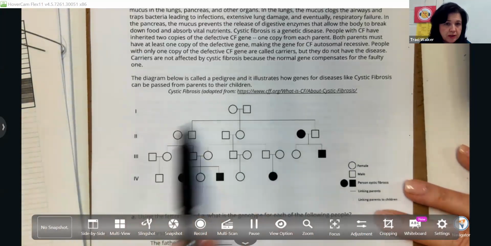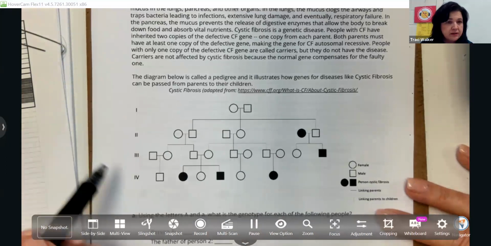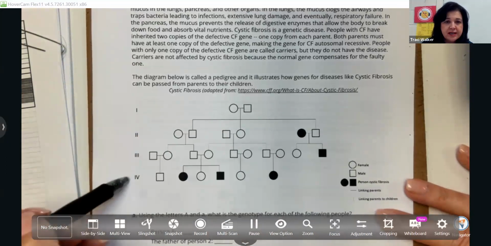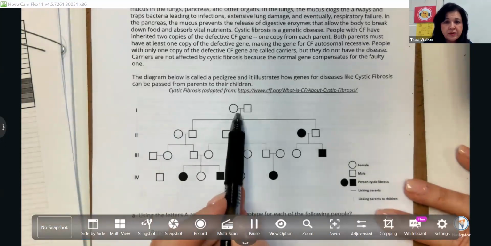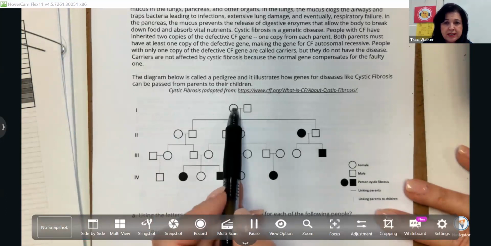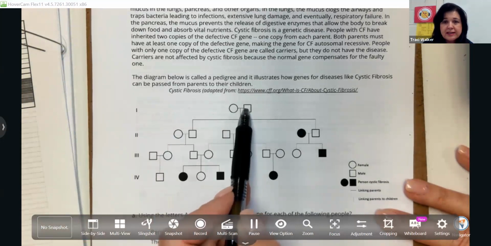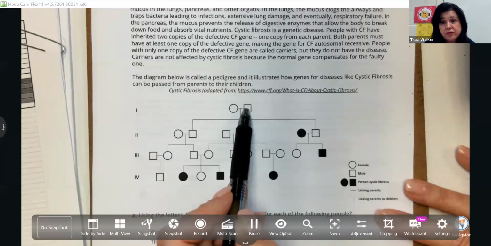Each row of a pedigree is a generation. Usually pedigrees have Roman numerals out to the side to tell you how many generations are shown in the pedigree. Circles are females, squares are males. If a circle and a square are connected by a horizontal line in the middle, like this, that is a couple, married or unmarried, but they are a couple that are able to have children.